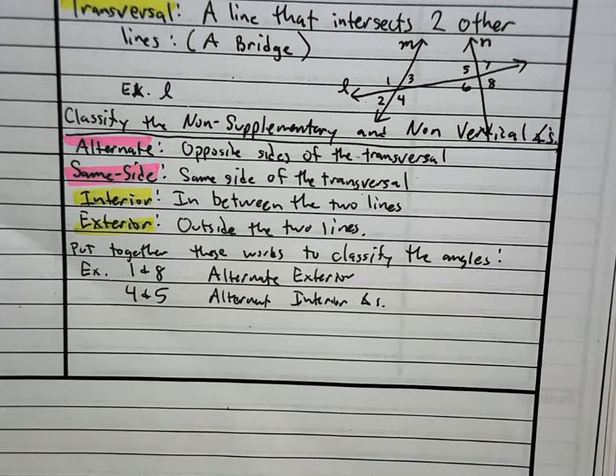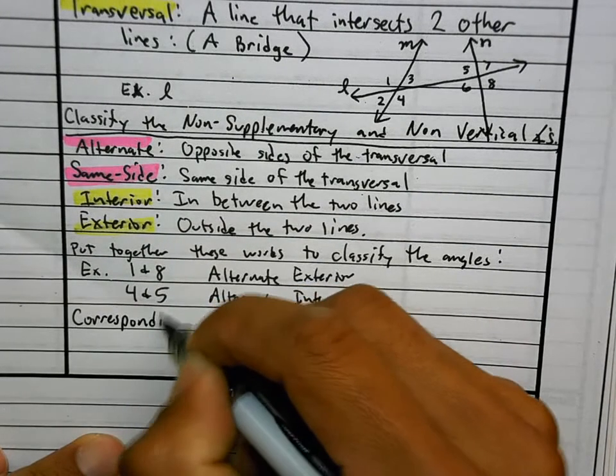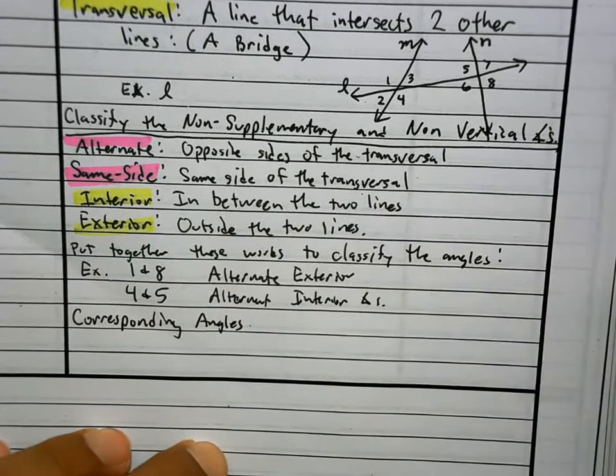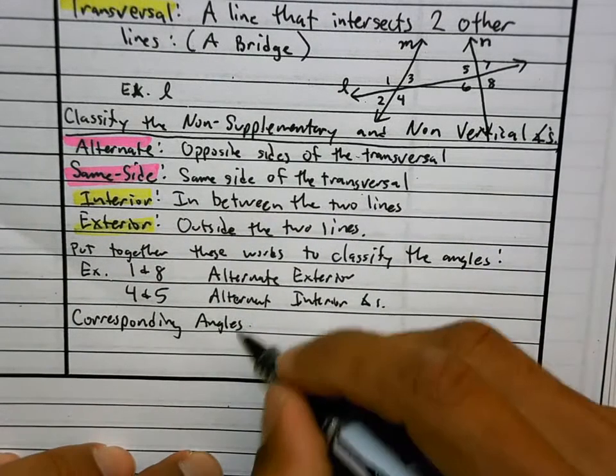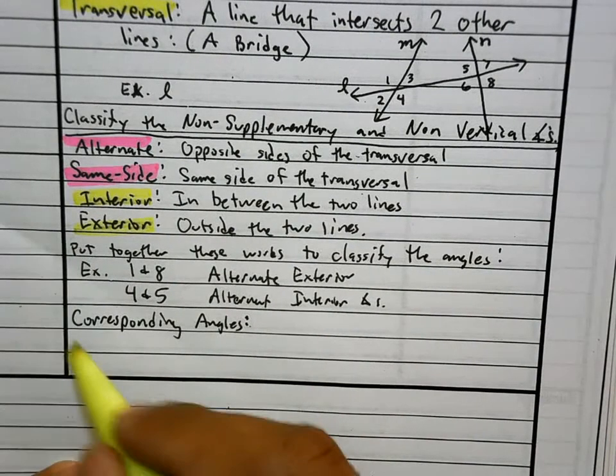The last example that we have is corresponding angles. Mr. Paramo, are we going to do examples from the packet? Nope. This is everything you need to know to be able to do the packet.